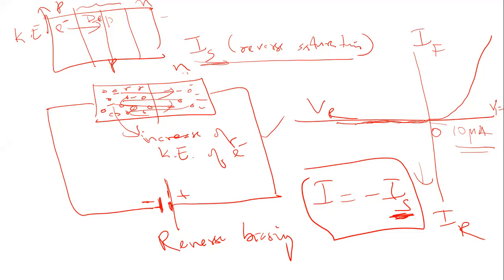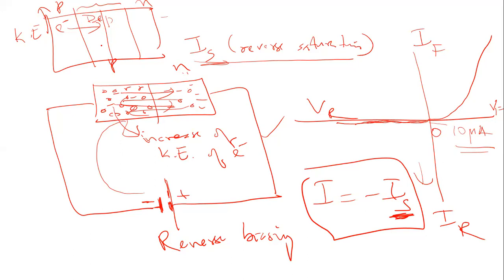Now, with the increase of this reverse voltage in this direction, those charge carriers, the minority free electrons and minority holes, will have an increase in kinetic energy because of the reverse potential energy supplied from this potential source. As they gain more kinetic energy, in order to pass through this depletion region, they will undergo a lot of inelastic collisions with the atoms in the depletion region.